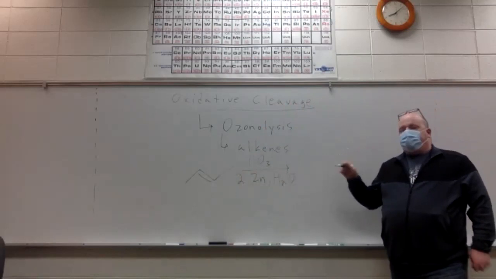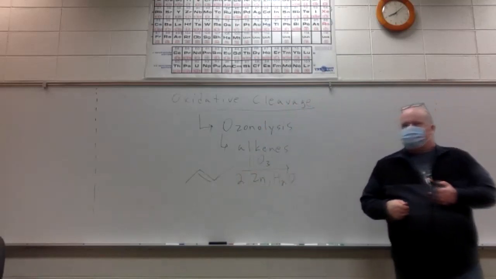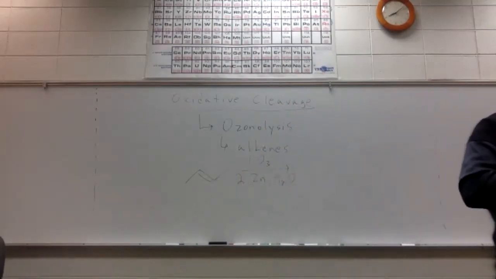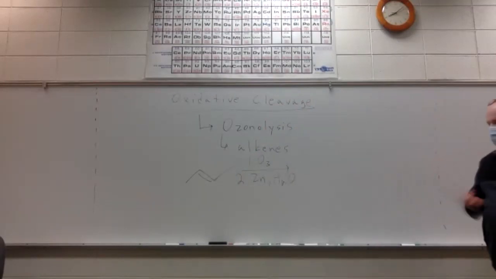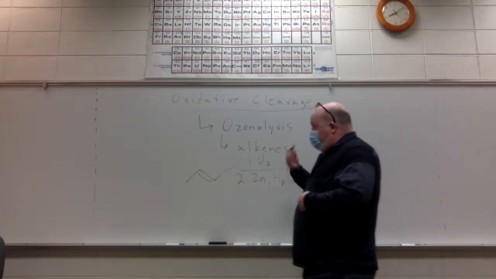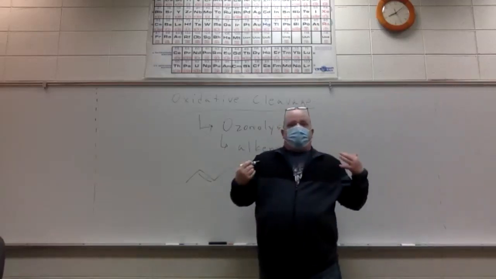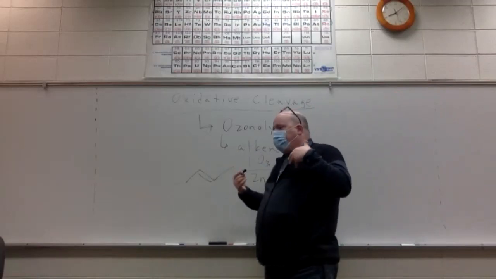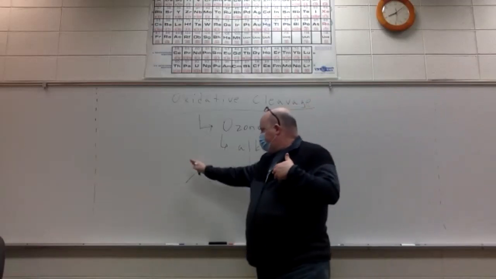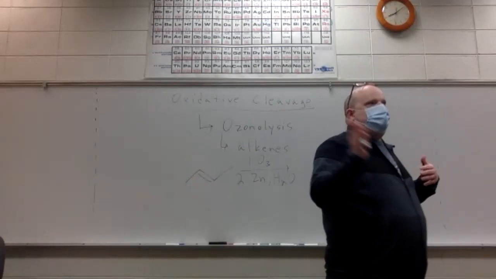One thing that's nice about these cleavage reactions is that they are highly predictable. They follow a very simple pattern that we can use to look at the setup, look at the reagents, and figure out what we're going to get. We said we're going to cleave. Well, where do we cleave it? Do we cut off the end carbon? Do we cut it in the middle?